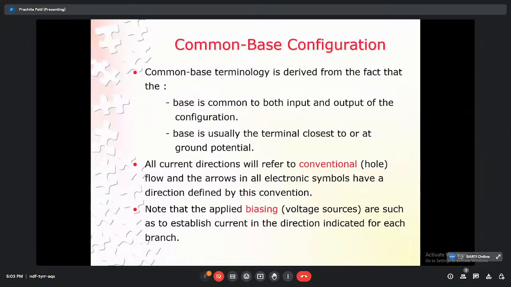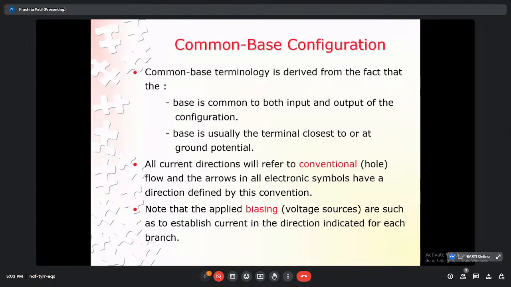The common base terminology is derived from the fact that the base is common to both input and output of the configuration. The base is here common for input and output.